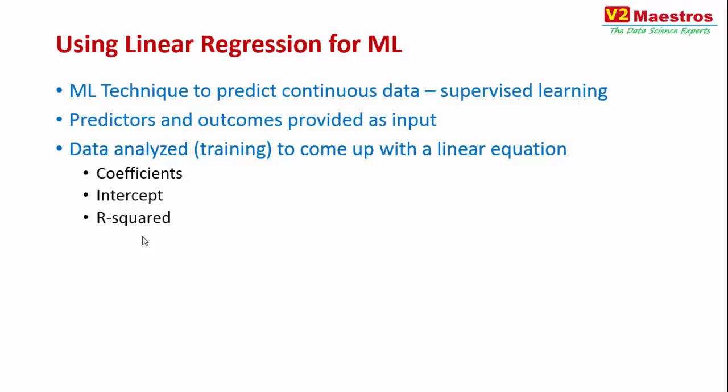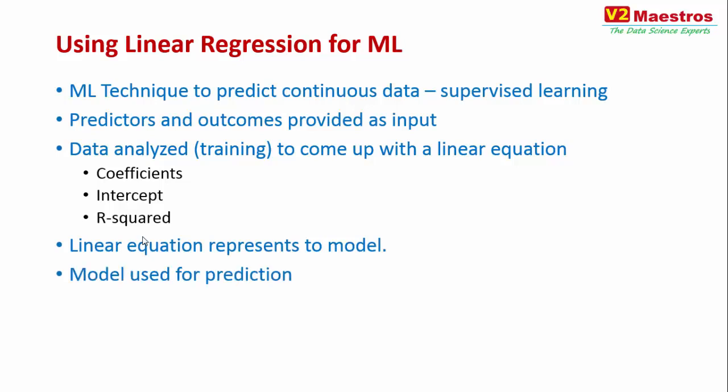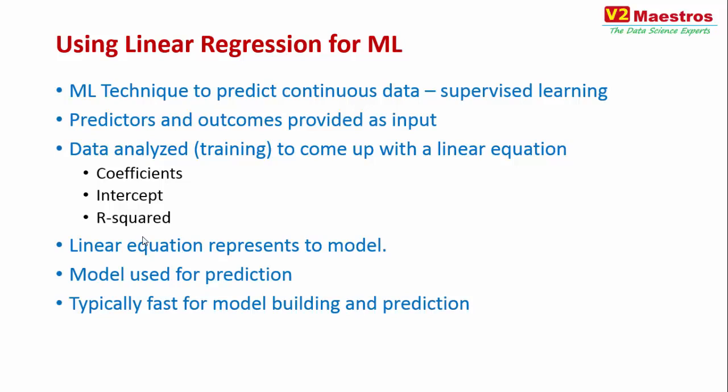And r squared gives you an indication of how good a model you have built. So obviously this model is used for prediction. It is typically fast for building models. Linear regression is a very old and very popular system that has been used for building models.